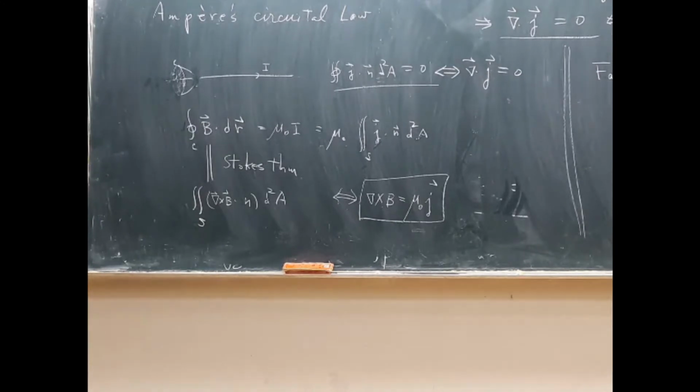We just learned that for a static field, E is equal to minus gradient phi, with phi the potential. So, in particular, for a closed curve, the line integral is 0 for a static field.